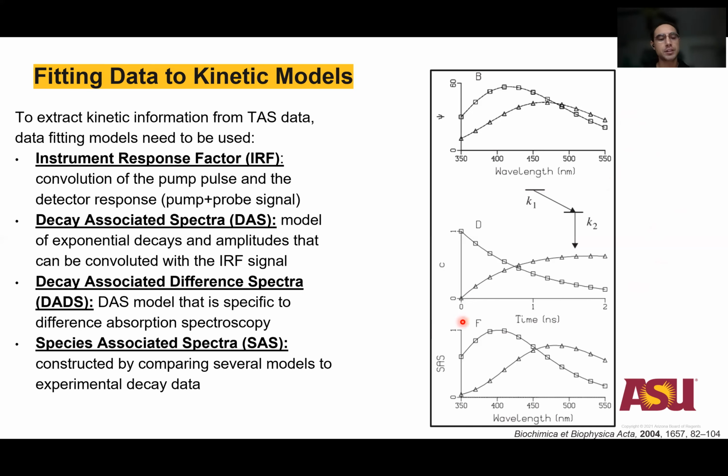So then you can generate your species associated spectra, and from there you're able to account for the instrument response, as well as fit a model that represents your system. So you're going to have some sort of idea as to what types of processes you're going to be investigating to be able to find the correct model.